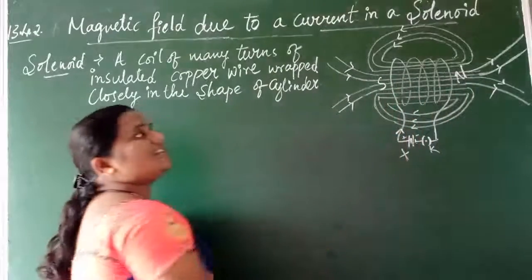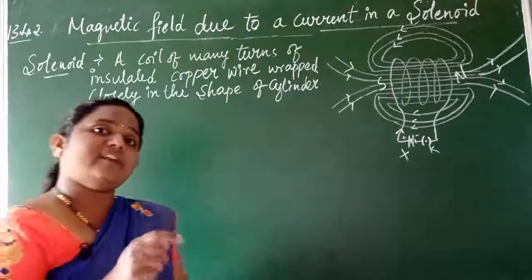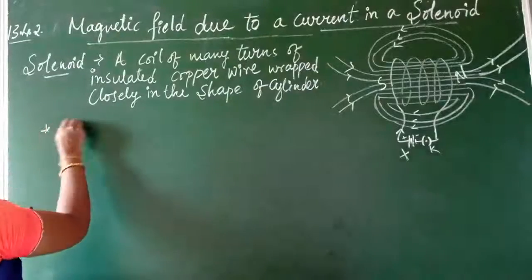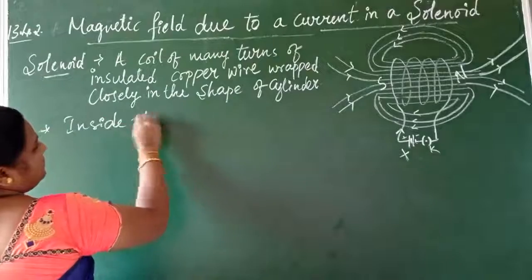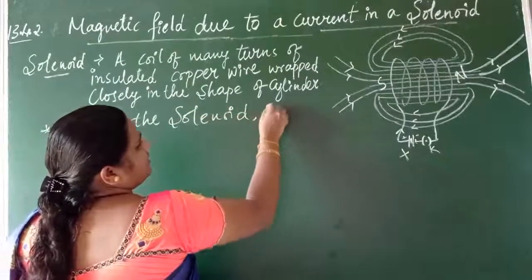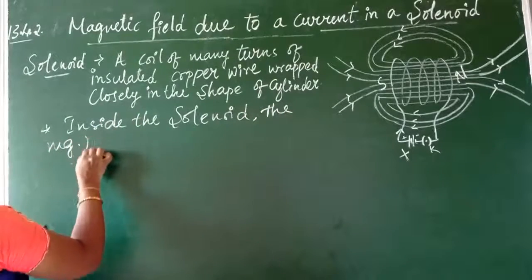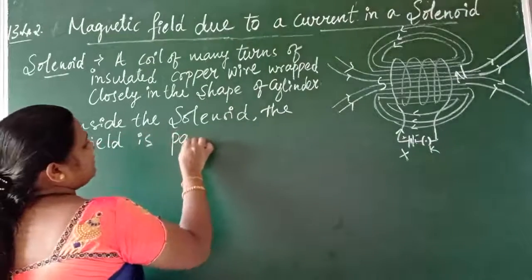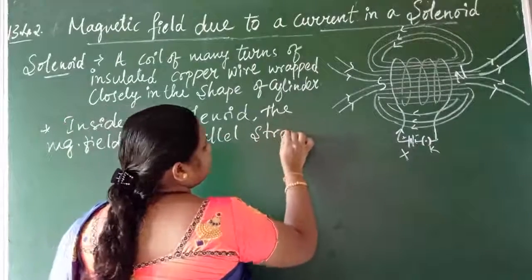Like that, inside this coil, or inside the solenoid, the magnetic field lines are parallel straight lines. Inside the solenoid, the magnetic field is what, children? Parallel straight lines.